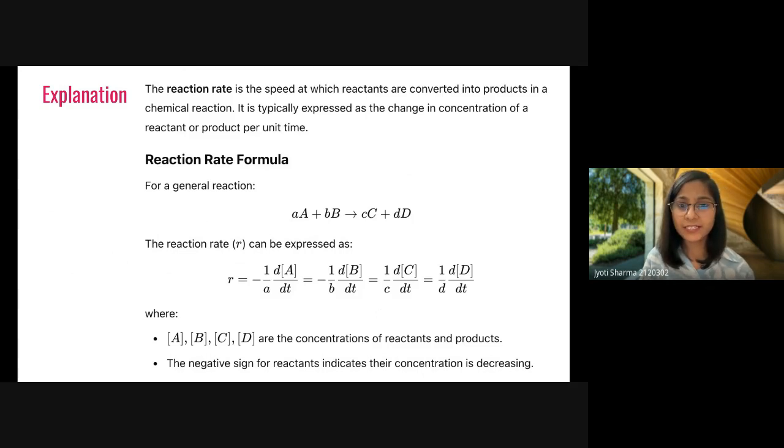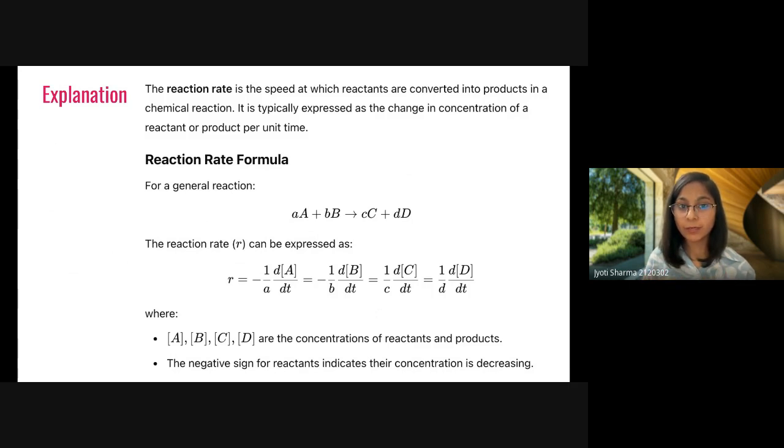So reaction rate is the speed at which reactants are converted into products in a chemical reaction. This is nothing but the change in concentration of either reactant or product per unit time. So with time, how our reactant is decreasing, or how our product is increasing with time.